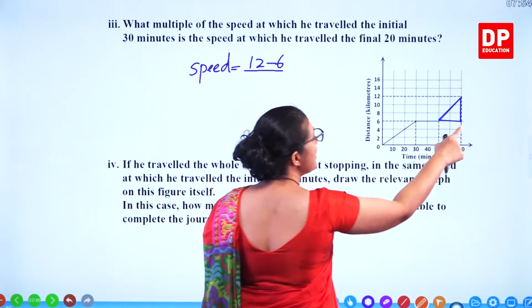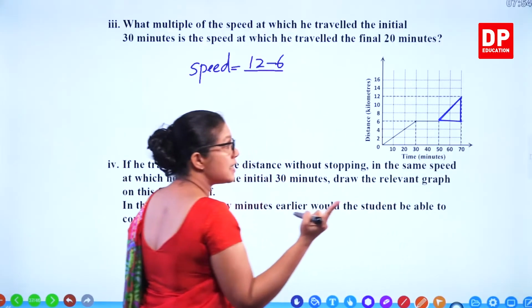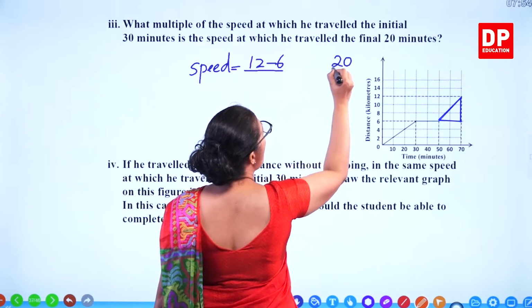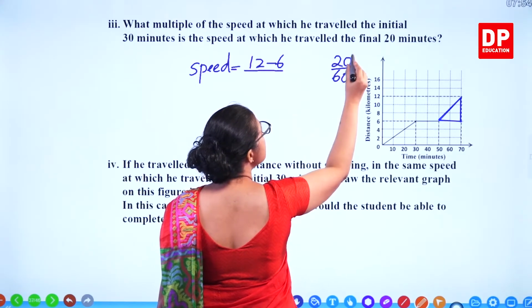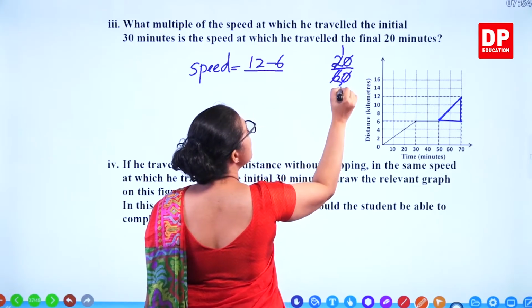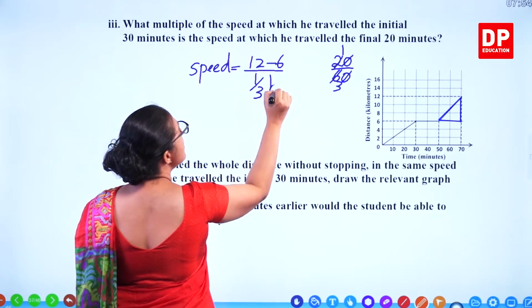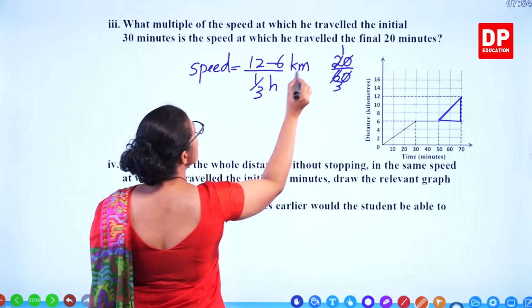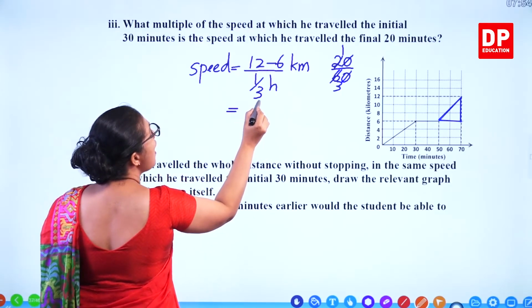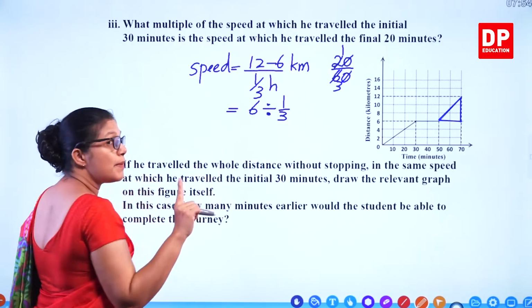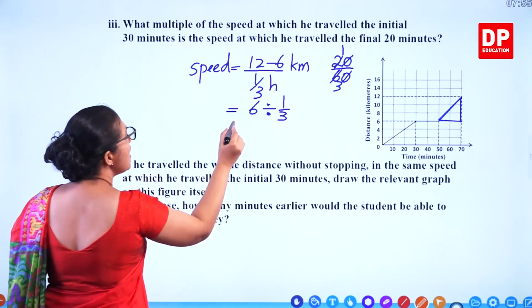And what's the time here? 50 to 70, 20 minutes. So 20 minutes means how many hours? Divide by 60, you get 1/3 hours. So you have to divide by 1/3 hours. So what's the value? 6 divided by 1/3. 6 divided by 1/3 means 6 multiplied by 3.